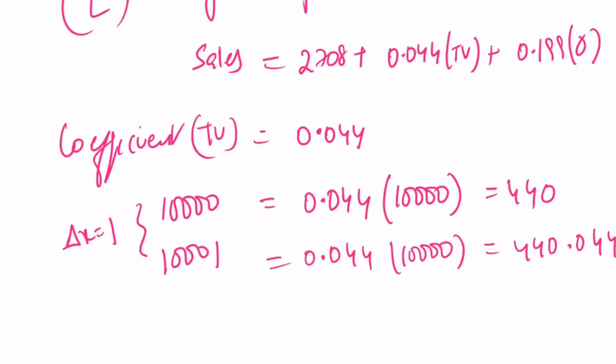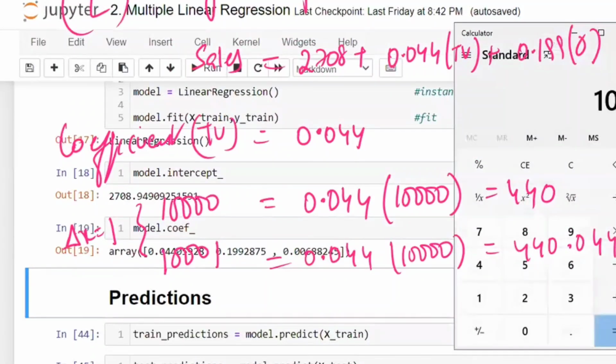Change in Y is equal to the beta value of TV. 10,000 into 0.044 is 440; 10,001 into 0.044 is 440.044. Is that clear? So if you increase X by 1, whether it is a dollar or whatever unit, the change in X is equal to 1. When the change in X is equal to 1, the change in Y is equal to its beta value.